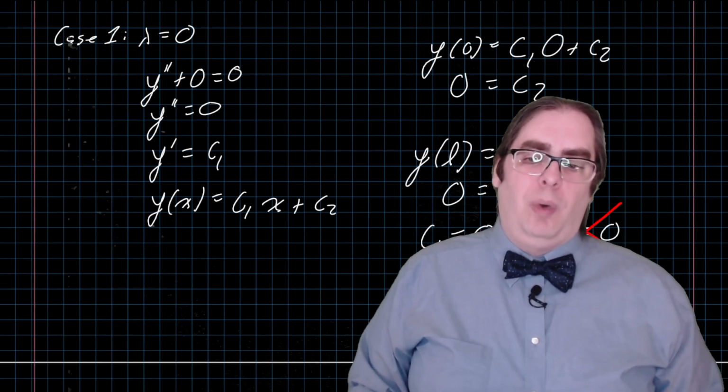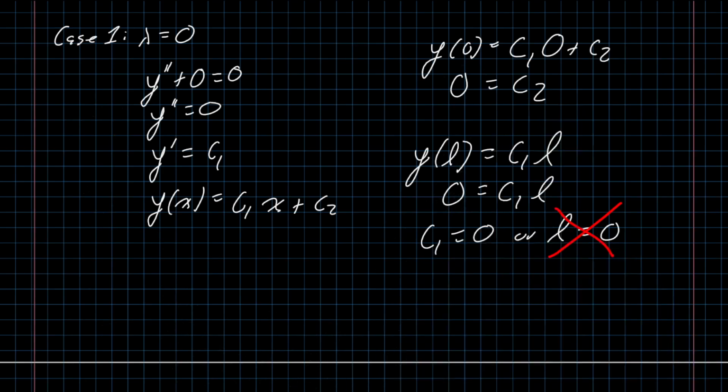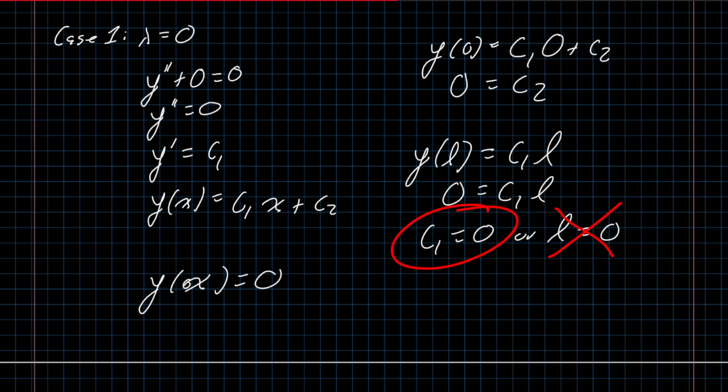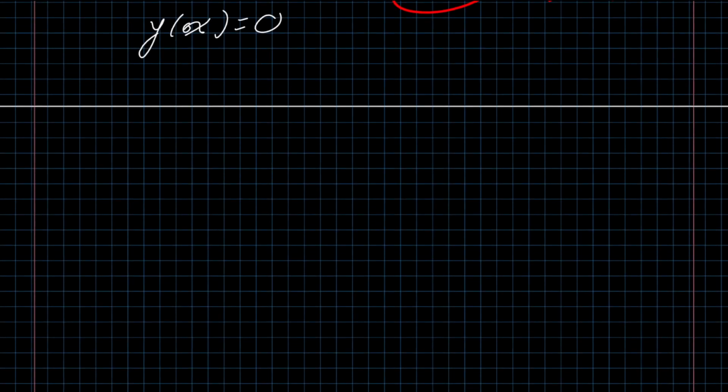Unfortunately, that means that L equals 0 is nonsense in setting up the problem, so we can throw that out, and we get that c1 equals 0 as well. And the only solution that we're left with is c1 equals 0, c2 equals 0, which means that y of x is just constantly 0. Case 1 was a failure in this trial. It's not always going to be.